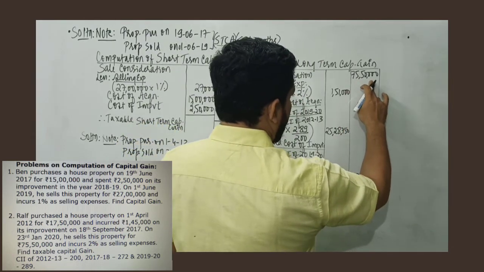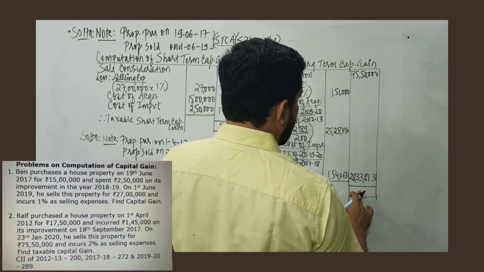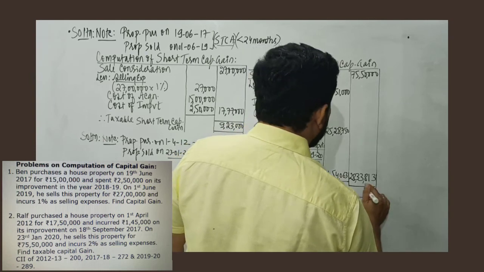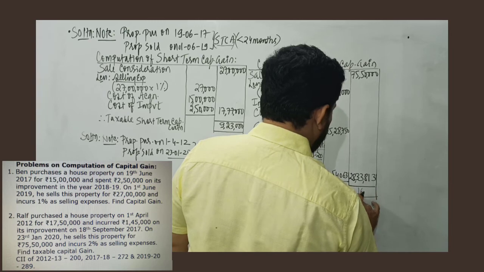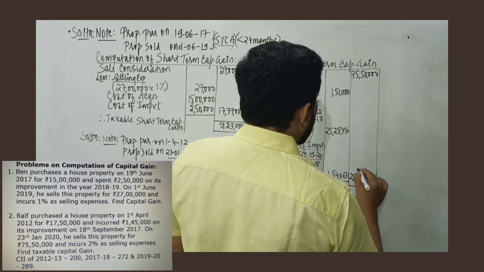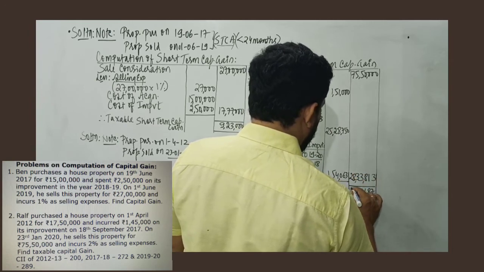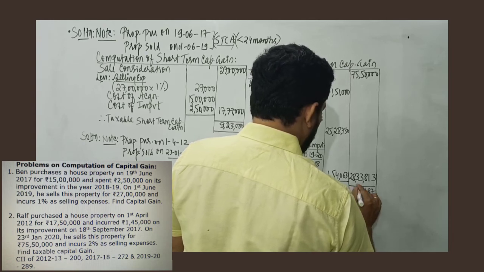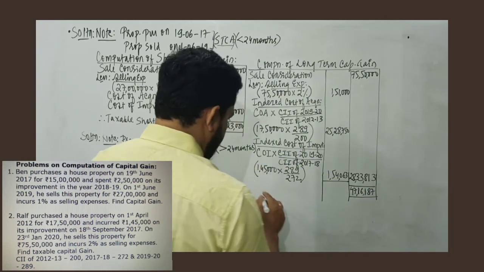So from 75,50,000, we need to deduct 28,33,813. So 50 minus 13 is 37, and the result is 47,16,187.